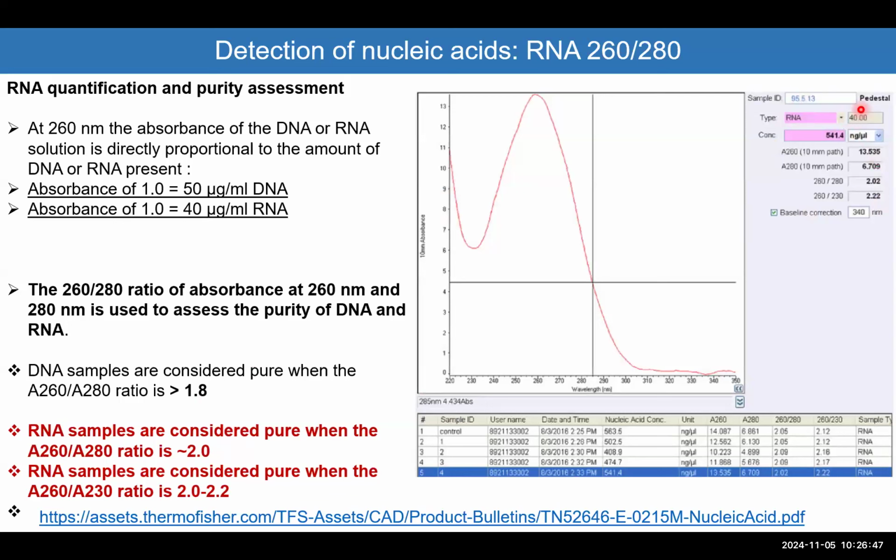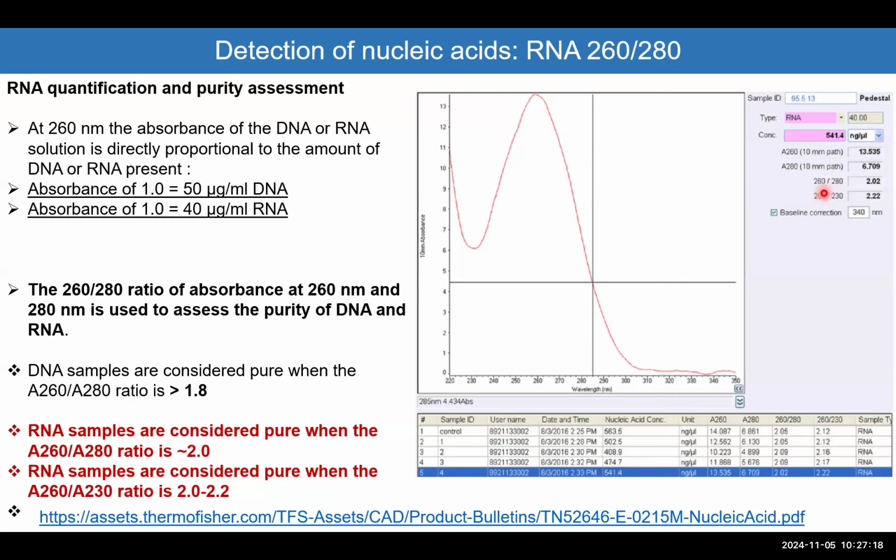You know that for DNA and RNA, the maximum optical density is at 260. So this is a very good example here where you see a very pure RNA sample. Be careful that the 260 to 280 ratio is different between DNA and RNA. For DNA, more than 1.8 is considered pure. For RNA, you should consider at least 2 to be pure.